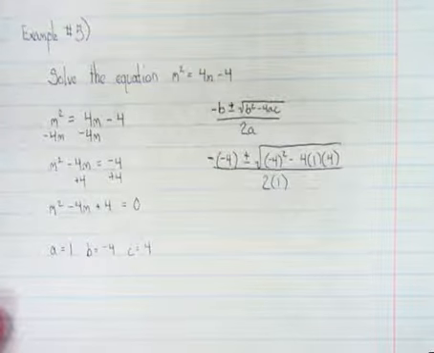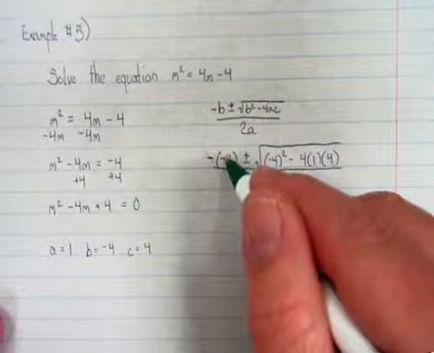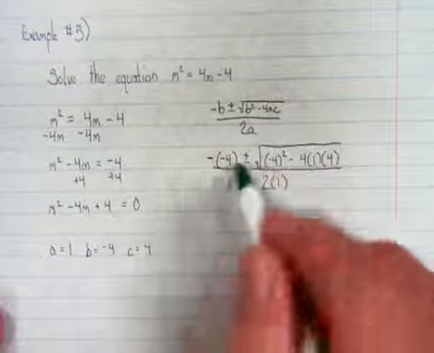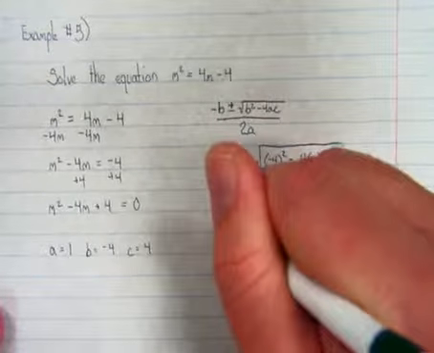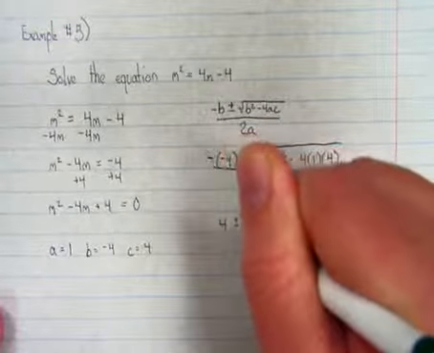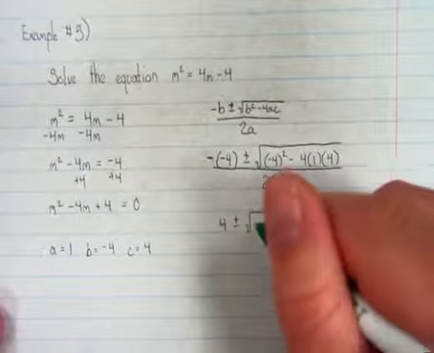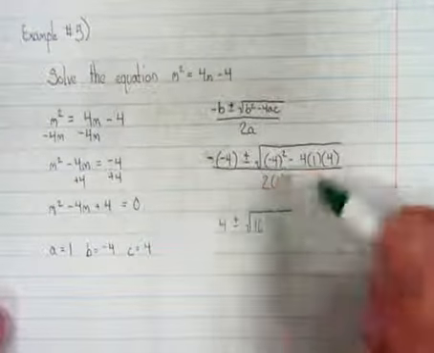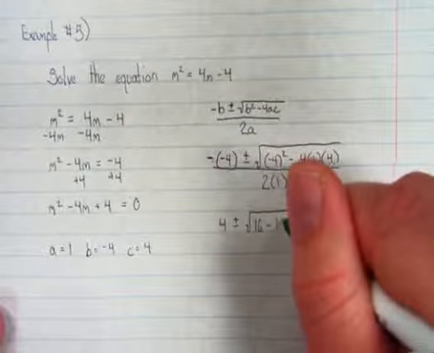Now I can go through and simplify some of this, so I'll do that underneath here. Negative negative 4, that's the opposite of negative 4, is going to be positive 4. And then plus or minus the square root of negative 4 squared is 16, minus 4 times 1 times 4 is going to be 16.